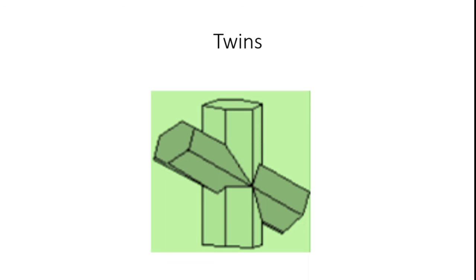Growth twins may occur frequently during crystallization from the liquid to the vapor state, during annealing, meaning recrystallization or grain growth, or by movement between solid phases such as during phase transformation. Plastic deformation by shear may produce deformation twins.